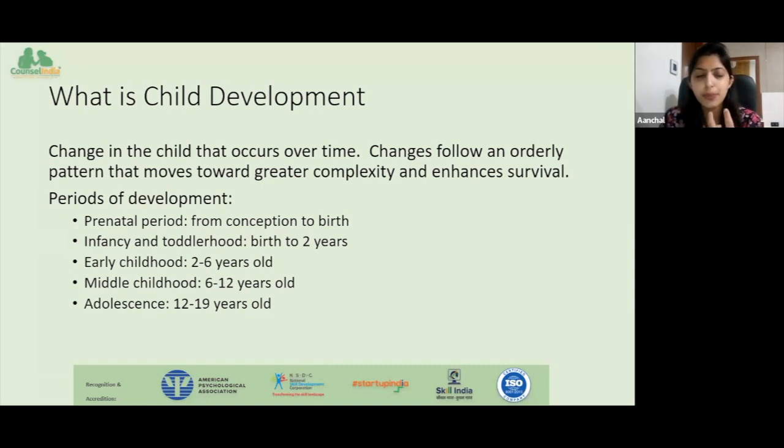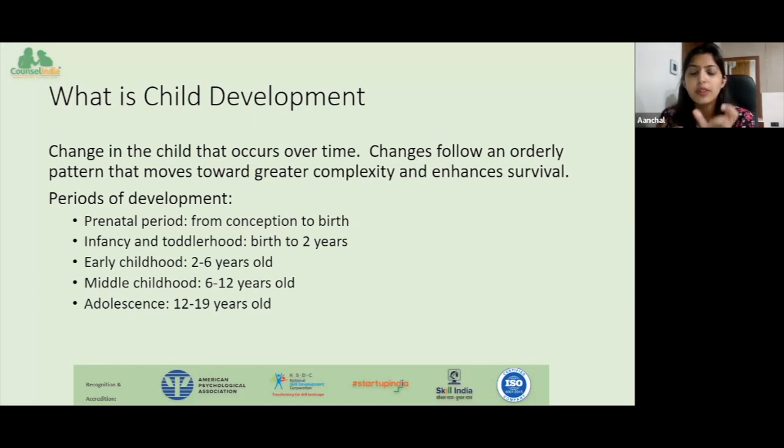These terms are very important. Whenever we are working with children, it is very important to know what the exact terms are. There are different terms like prenatal, infancy, early childhood, middle childhood, adolescence. We need to understand with respect to what ages we are talking about. We cannot use these terms in a different way.